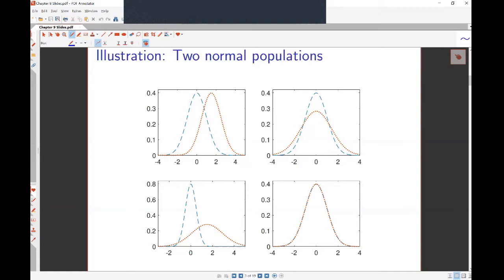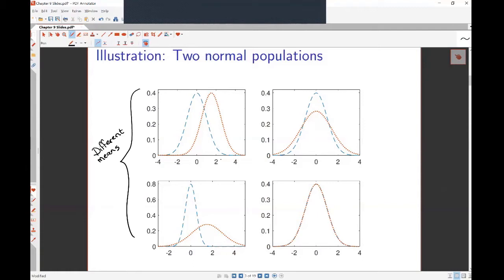So the plot that you have up on your screen, this just illustrates different scenarios that are possible. Each of these bell curves represents a normal distribution. And so what I want you to notice here is just the following. The two figures that you have on the left, those two bell curves, they have different mean values.